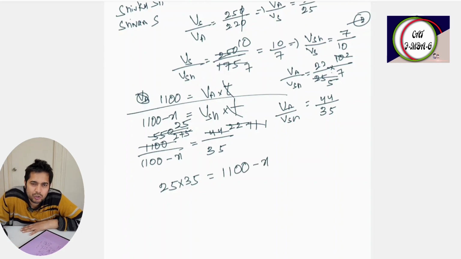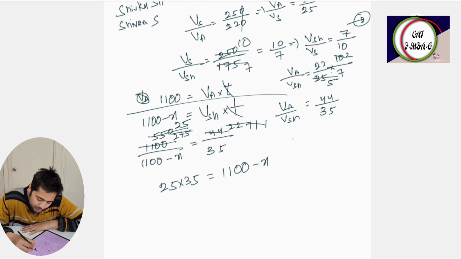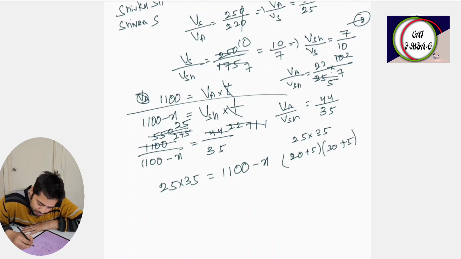Whenever you're solving these kinds of questions, I will teach you one more trick. However, a calculator is there. If you do not want to use a calculator, 25 into 35 can be written as 20 plus 5 into 30 plus 5. I generally follow this. So 600 plus 100 plus 150 plus 25, that is 875.